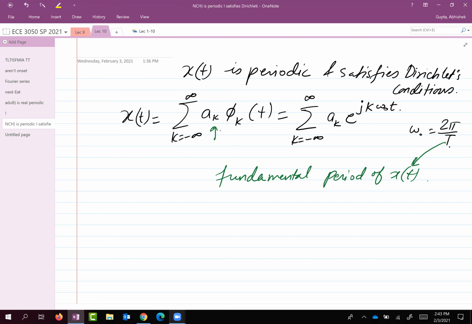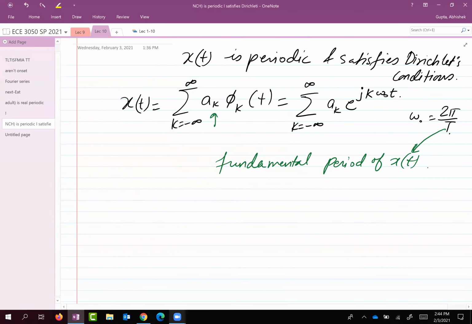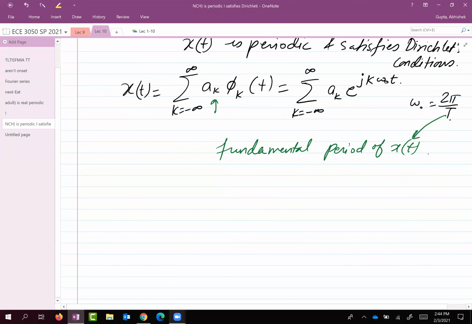We have to find the values of a_k as well, and then we could do something more useful with the periodic signal. So the question is, how do we find the value of a_k? What do you think? Let me write the question. How to compute a_k?